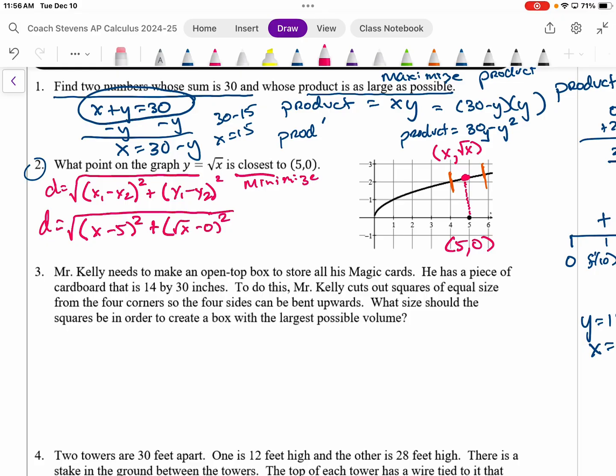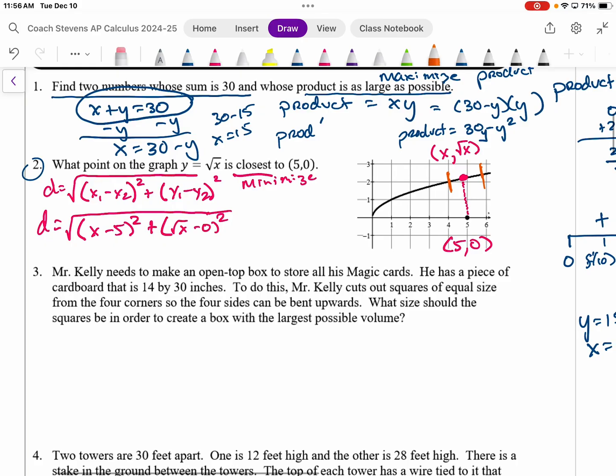Now, by rewriting the generic ordered pair with the y value in terms of x already, we skipped one step. Because typically we would have said any ordered pair on there is x comma y, and we would have had y minus 0 here. Then we would have had to figure out that, to find the y value on that graph, we just take the square root of the x value.